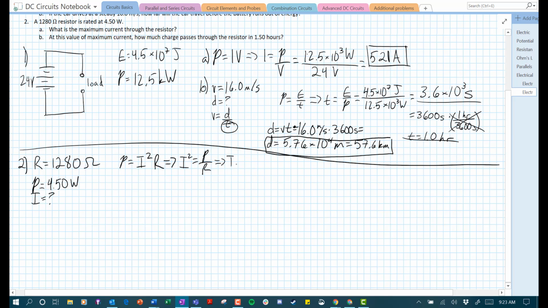And therefore, I is just equal to the square root of power over resistance. Which means that our maximum current is just going to be the square root of 4.50 watts over 1280 ohms.